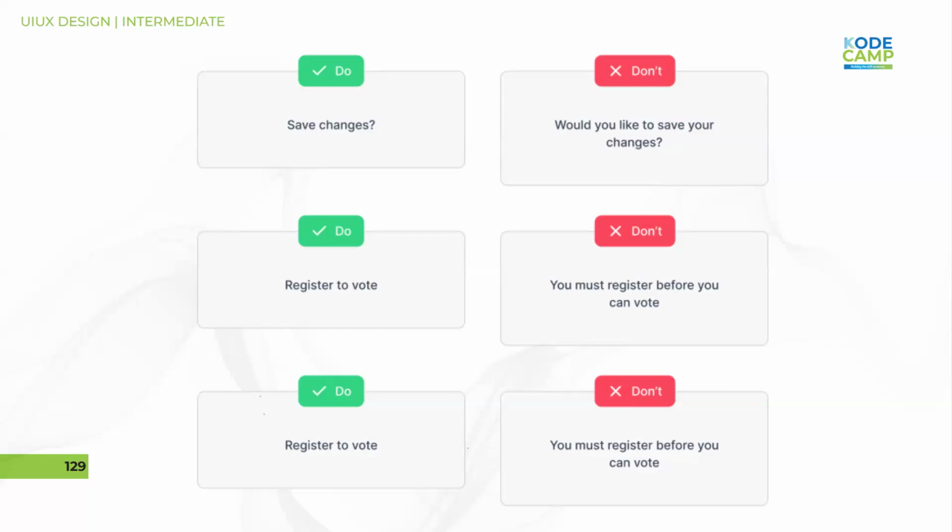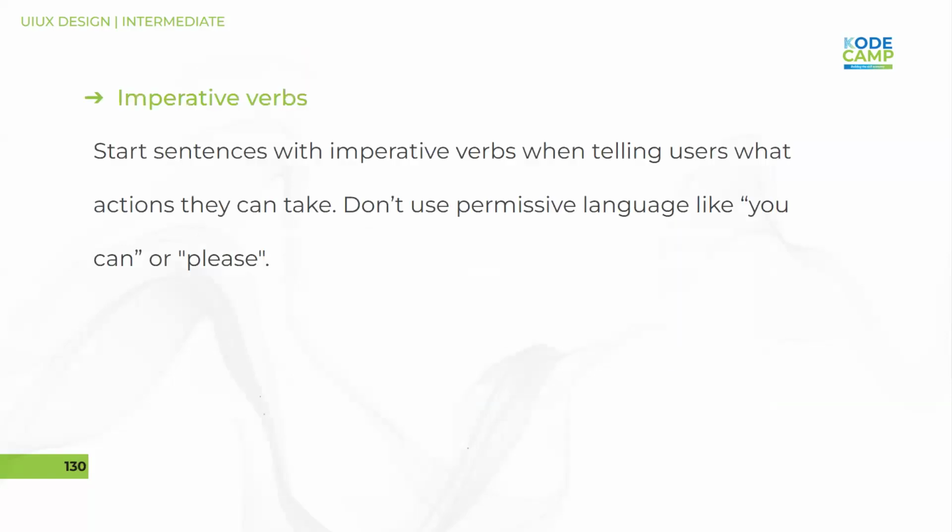Don't keep your users guessing. Use active voice, and it has to be short and focused. That is one of the things. Short and focused: save changes. That's fine. And register to vote. That's fine.